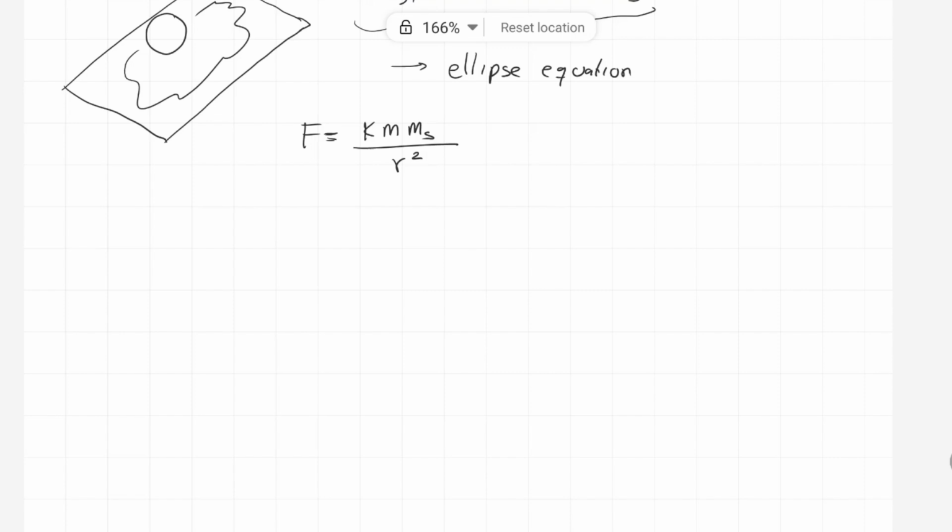But we showed on a previous video that we can find the orbit equation of the object if we know what is the potential energy that that object has. Okay, so in this case, the terms that are here can be considered as constants. So we are going to just say that the force is equal to a constant over R squared.